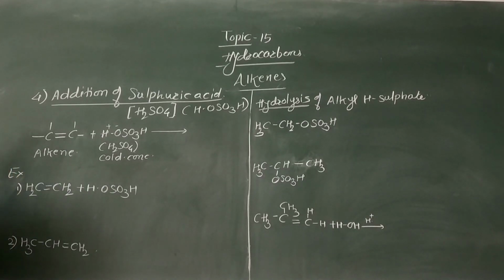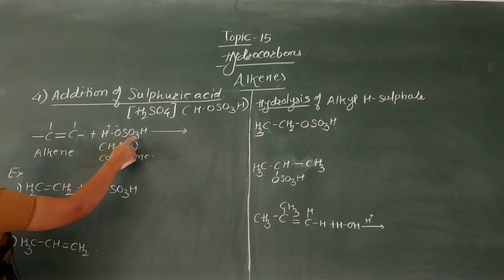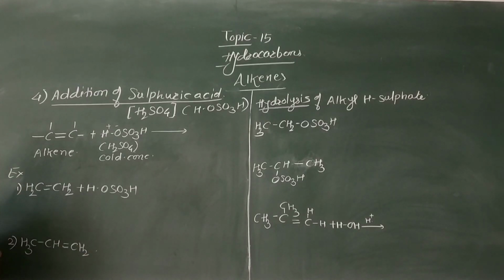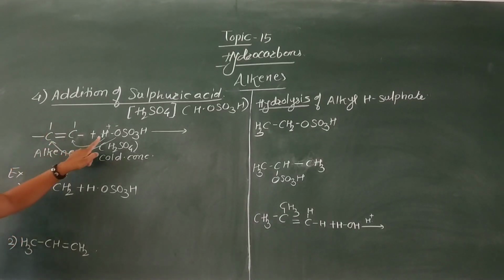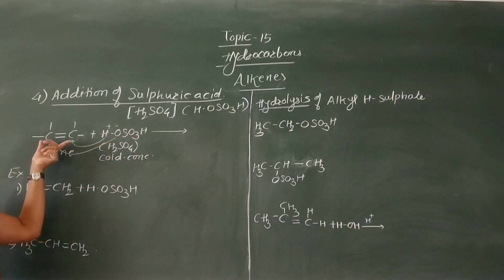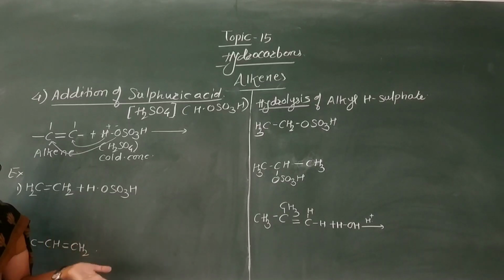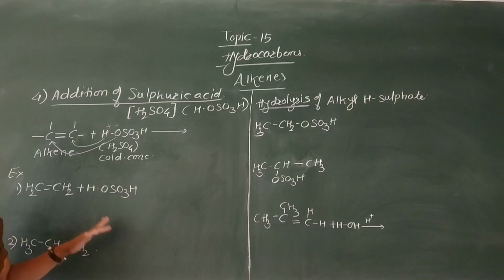Now here addition of this HOSO3H takes place across the double bond of alkene, and here this hydrogen goes to this carbon atom and this OSO3H goes to another carbon atom. That is, addition of HOSO3H takes place across the double bond of the alkene. In case of unsymmetrical alkene, this addition takes place according to Markovnikov's rule.